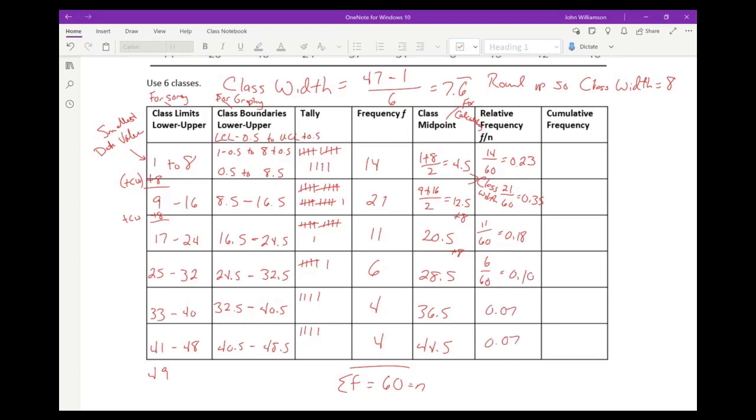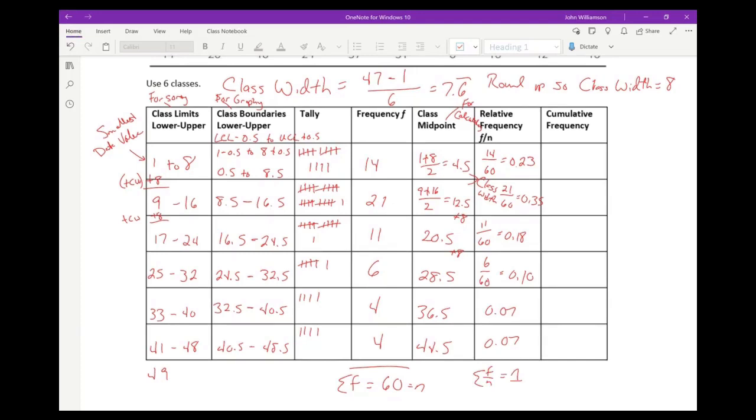Here's another place to stop and check yourself. So we know the sum of the frequencies is always going to be 60, your sample size. What do you think the sum of your relative frequencies should be? Should be 1, right, which is the decimal representation of 100%. So if we've accounted for everything, it should add up to 1, or very, very close to 1. Because we're rounding these decimals, it might be something like 0.997 or 1.002.